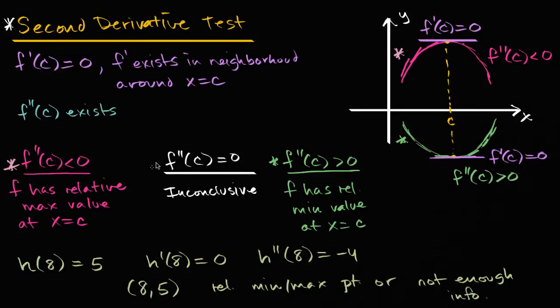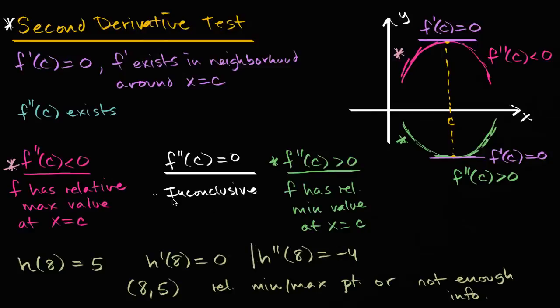Well, we're assuming it's twice differentiable. For the sake of this problem, we're going to assume that the derivative exists in a neighborhood around x equals 8. So in this example, c is 8. So the point (8, 5) is definitely on the curve. The derivative is equal to 0, so we're dealing potentially with one of these scenarios. And our second derivative is less than 0.